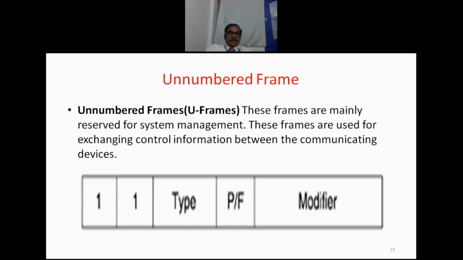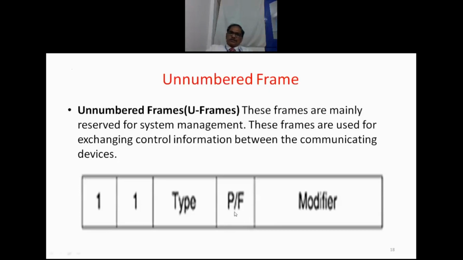So next is the unnumbered frame, the system management frames. See, the first 2 bits are 1 1. If the first bit is 0, it is an information frame. If the first bit is 1 and second 0, it is a supervisory frame. If the first 2 bits are 1 1, it is an unnumbered frame. Here, it can be used if the primary is asking the secondaries whether anyone wants to participate in the communication.